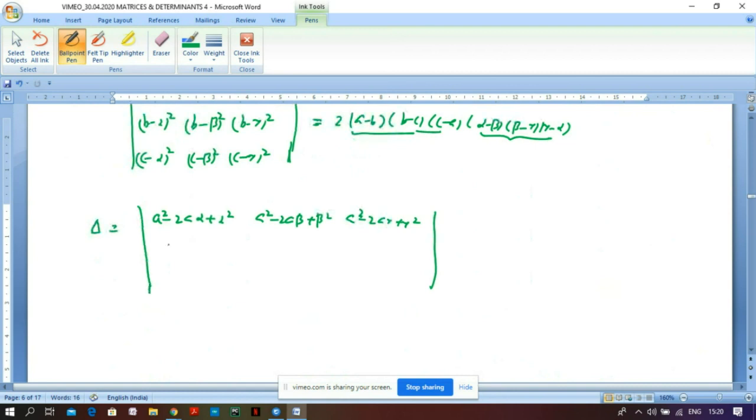Similarly, I can write others also. So let's write one more term: b square minus 2b alpha plus alpha square, b square minus 2b beta plus beta square, and b square minus 2b gamma plus gamma square. And similarly for c.